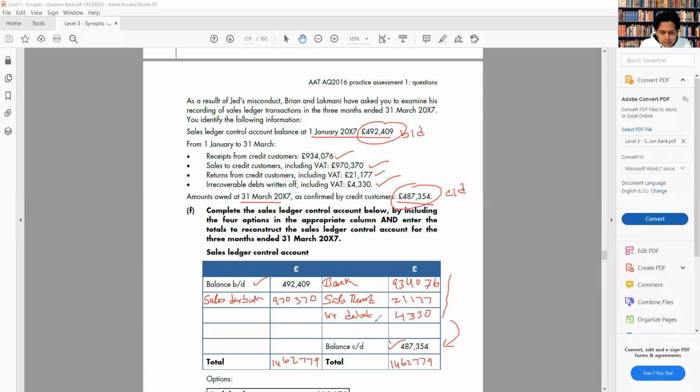Our balancing figure is 15,842. So this is the balance. Normally it's supposed to be balance CD after deducting all of this, but there is a balance. So we can say this is the difference, 15,842.